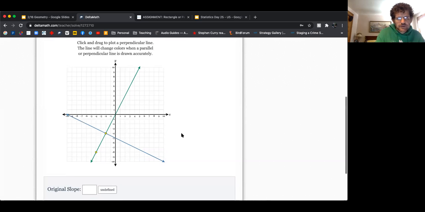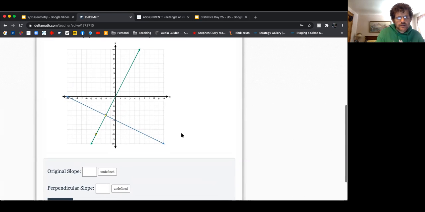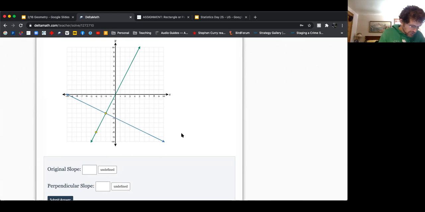So now I need to figure out the slopes of this. So the original slope is from the blue line. And if I look at that point right there, and it looks like it passes to this point right here, I went down 3, and then to the right, 2, 4, 6. Now, as far as finding those points, that might have been something I just did really quickly.